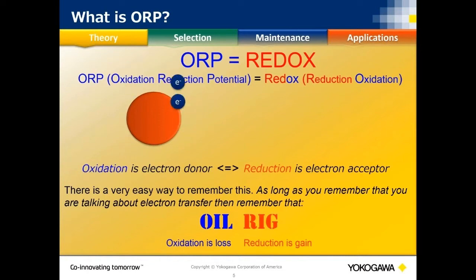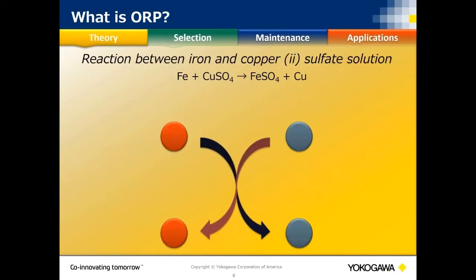All right. So what is ORP? ORP is also known as oxidation reduction potential, or another term is called redox. There are 2 different reactions that are happening at the same time. There's an oxidation reaction where something gives up electrons, and there's a reduction reaction where something takes those electrons and is reduced.